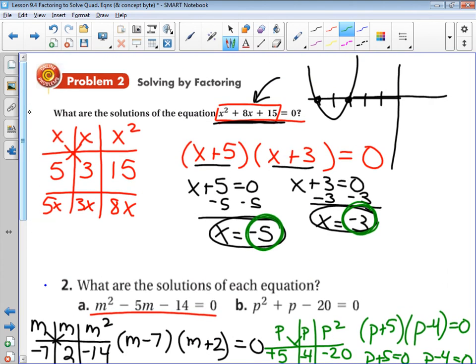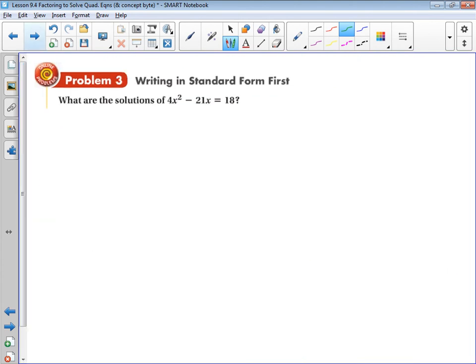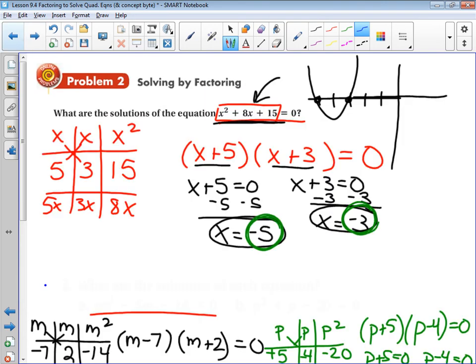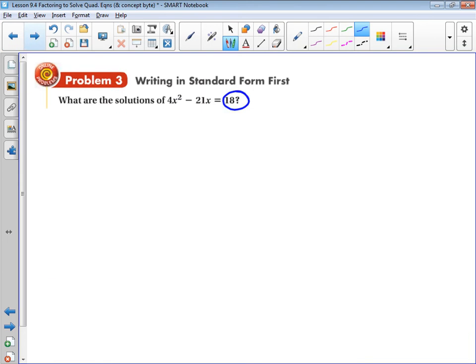And that's problem 2. In the third problem, you're pretty much doing the same thing that you did in problem 2. There's just one little extra piece, and that is in the first problems that we've done, you'll notice it's already set equal to 0. In this example, you're given an equation, but it's not equal to 0. You just have to make it equal to 0 by subtracting 18 from both sides.